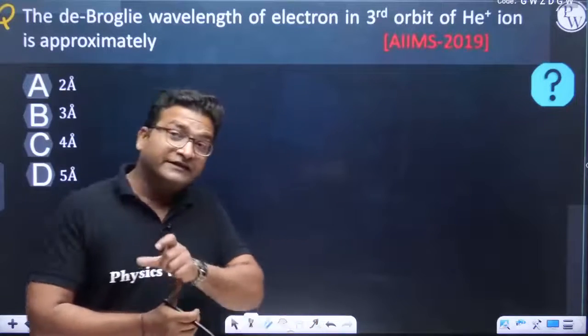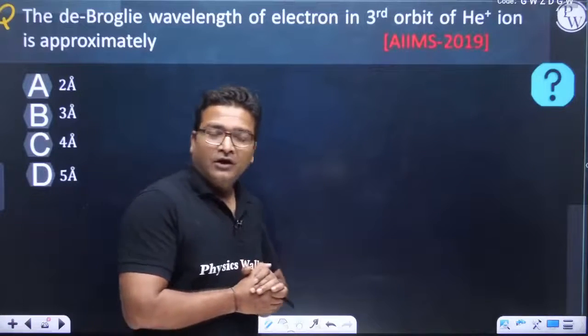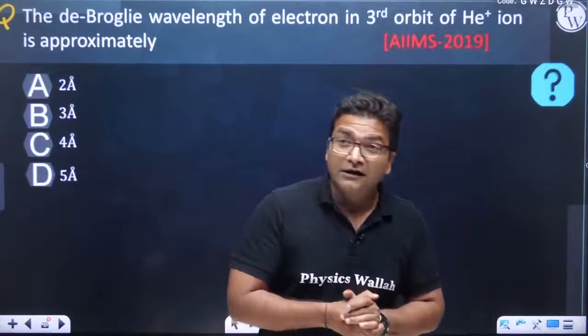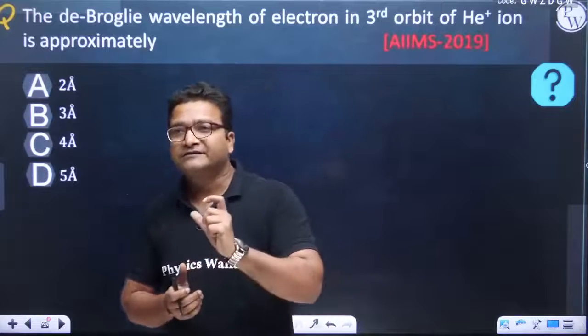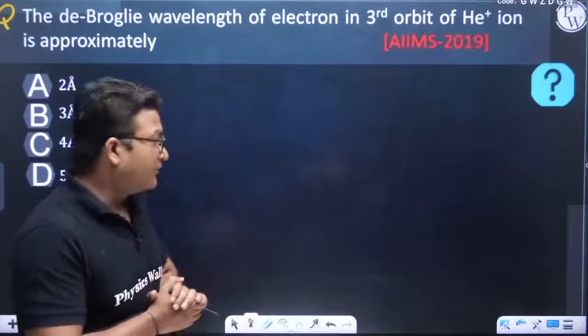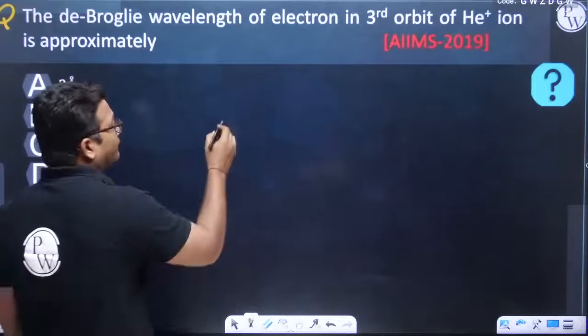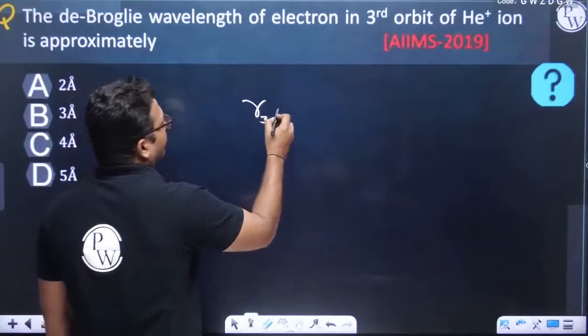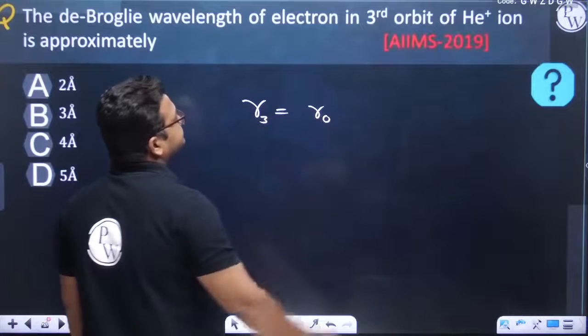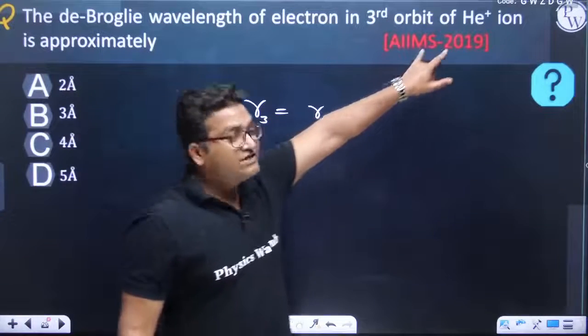Over to the next question. They ask, what is the de Broglie wavelength of an electron in the third orbit of He plus ion?